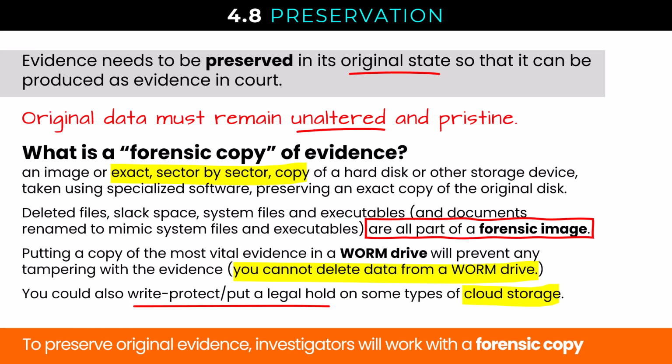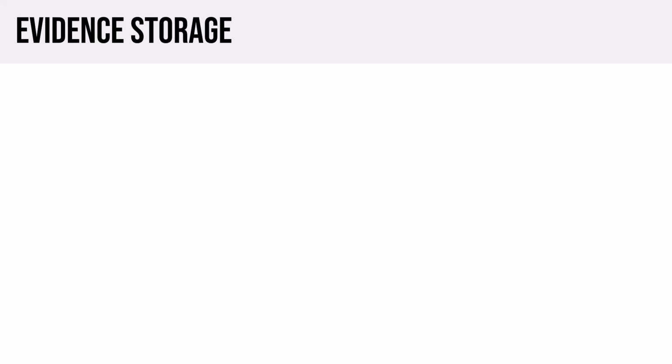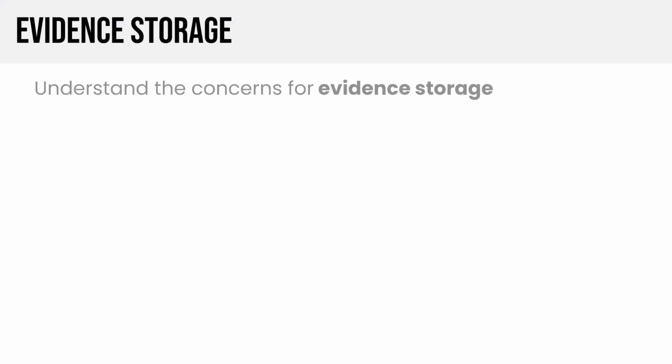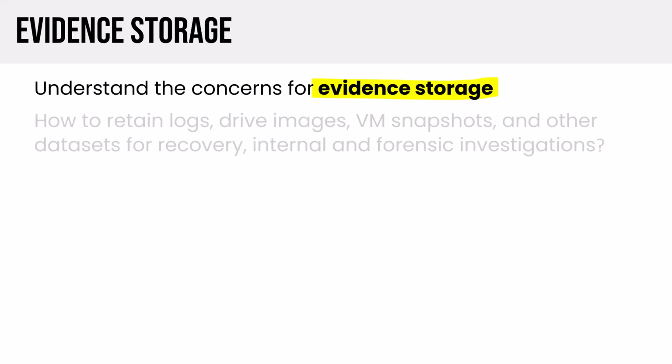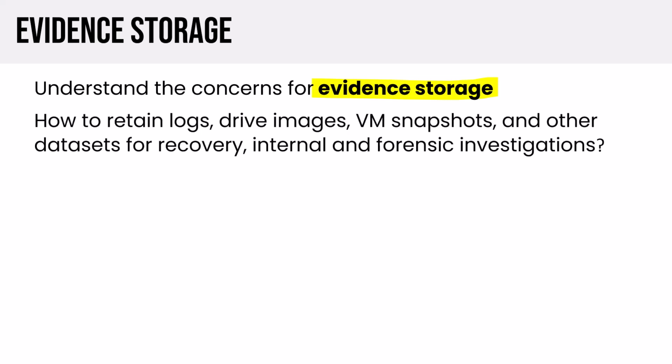So when we think of that chain of custody, evidence storage also comes into play. So just thinking about the concerns for evidence storage, we want to know how to retain logs, drive images, VM snapshots, and other data sets for recovery and internal or forensic investigations.